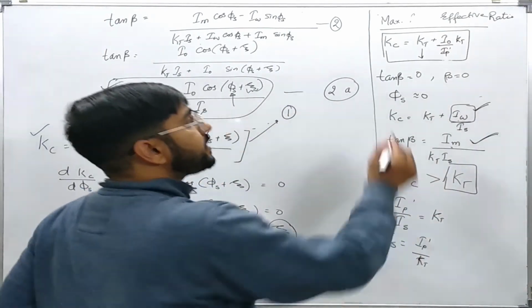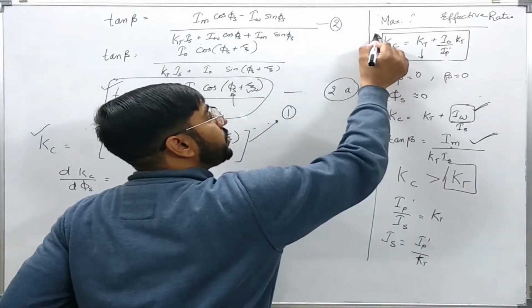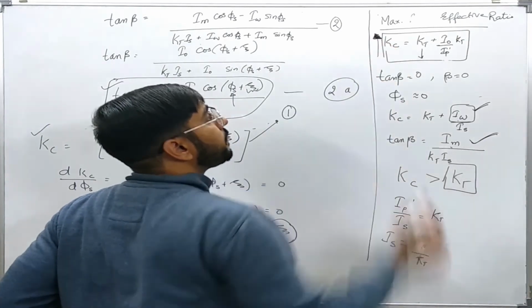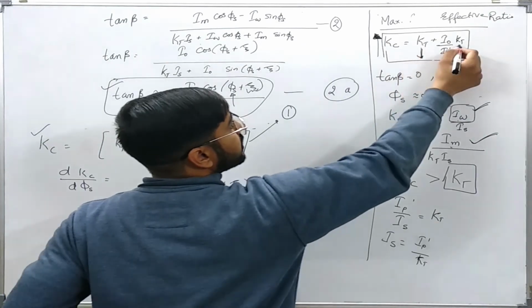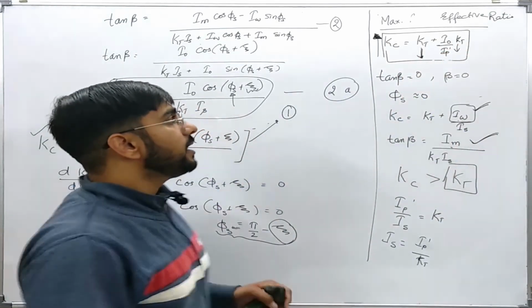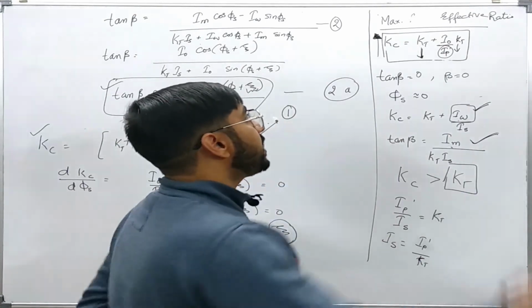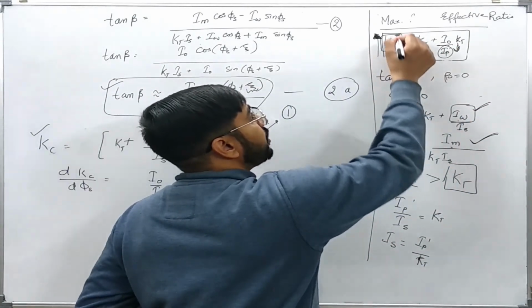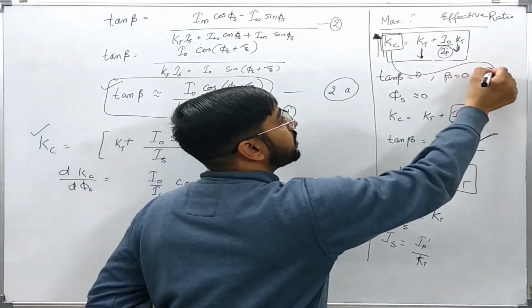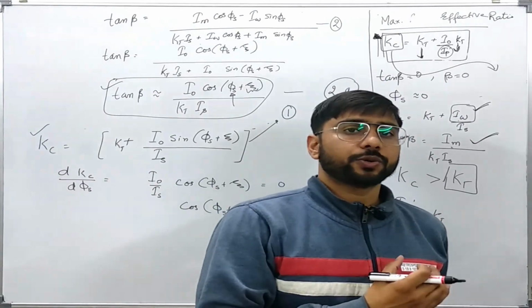So this Kc, which got increased due to the error part, now on reducing the number of turns, this Kt is reduced, this is also reduced, and Ip dash is independent because it depends on the power system only. Then ultimately this Kc will again come towards the required nameplate turns ratio.